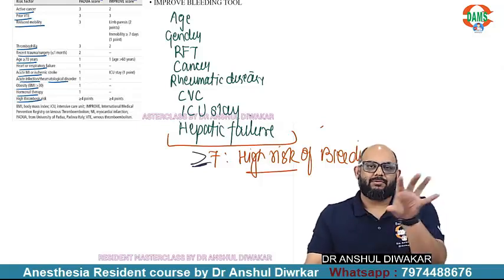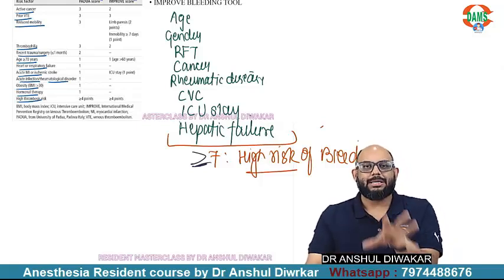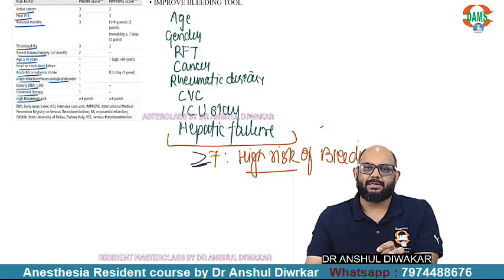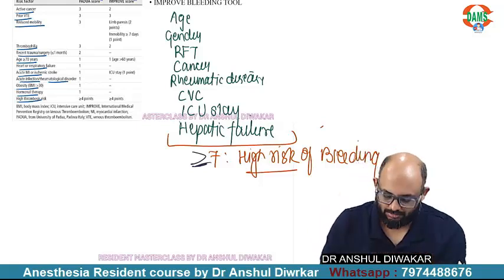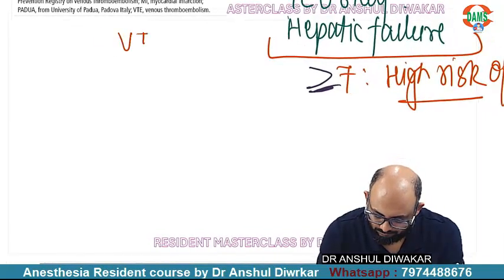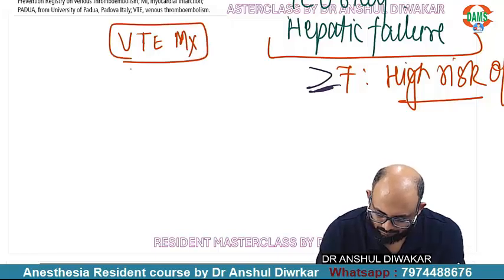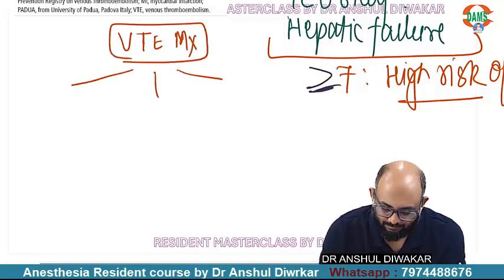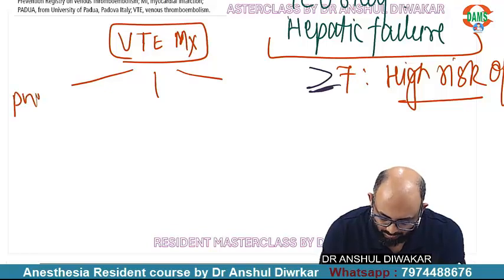Now VTE, venous thromboembolism, can be managed or prevented by 3 methods. So VTE management can be by 3. One can be pneumatic compression devices.